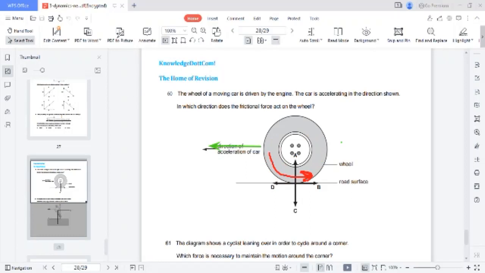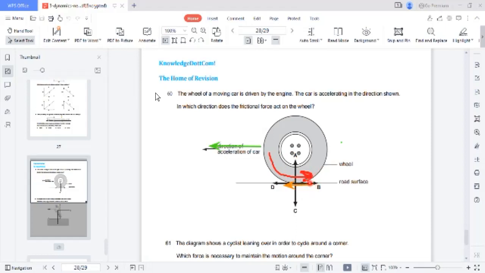When the wheel is rotating in an anti-clockwise direction, the friction force would be opposite to its direction, like going like this.